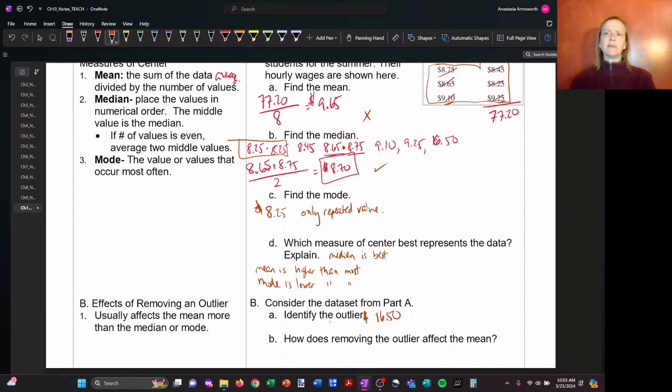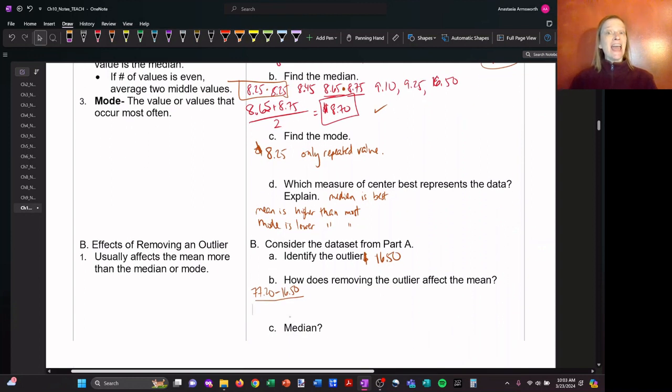How does this affect the mean? Well, remember when I added up all the values before, all 8 values in the data table, it added up to $77.20. But now I'm not going to add in that $16.50. So I'm going to subtract that one outlier value away. And because I do that, I'm not going to divide by 8 anymore.